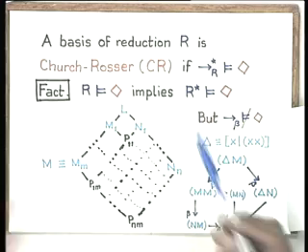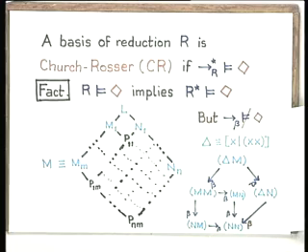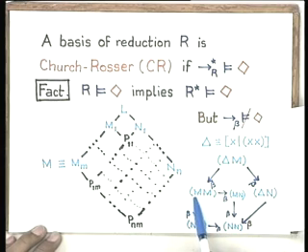Right. However, beta reduction is still Church-Rosser, so what it means is that such a simple fact cannot be used to prove that beta reduction is Church-Rosser. But we can use this example somehow. We define a new form of beta reduction in which parallel applications of these reductions are possible.